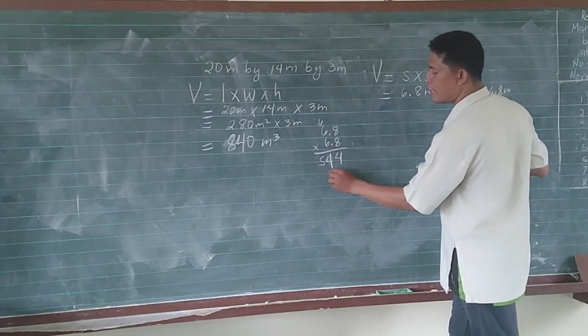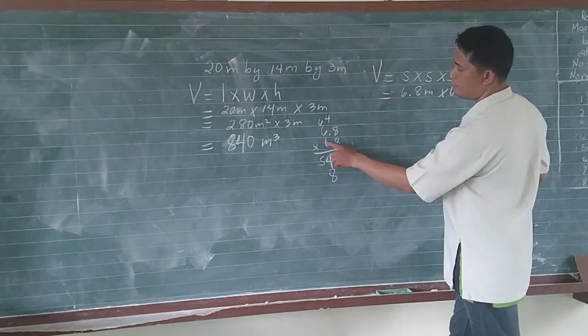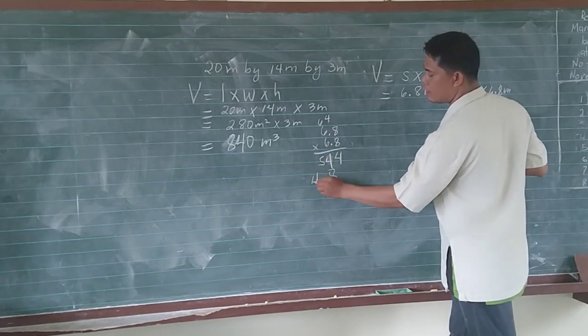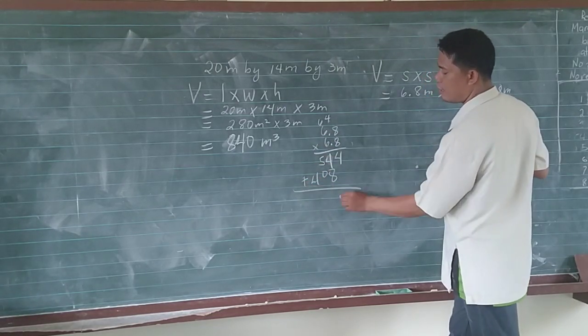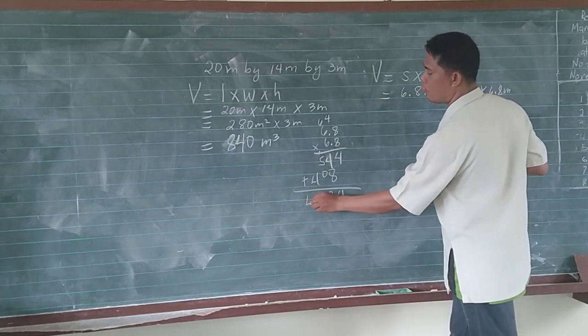Then we have 48, and 4. We have 6 times 6 equals 36 plus 4 equals 40. Then add. We have 4, 12, carry up 1, 6, 4.